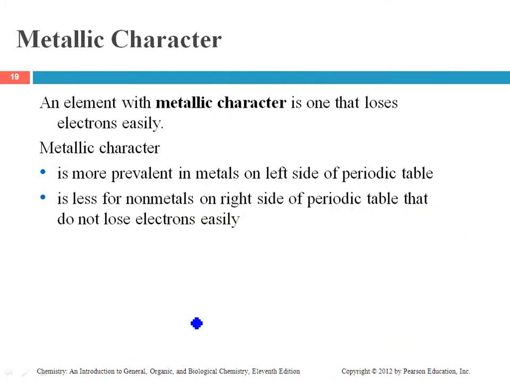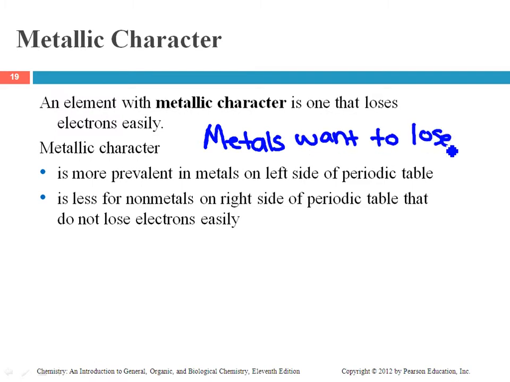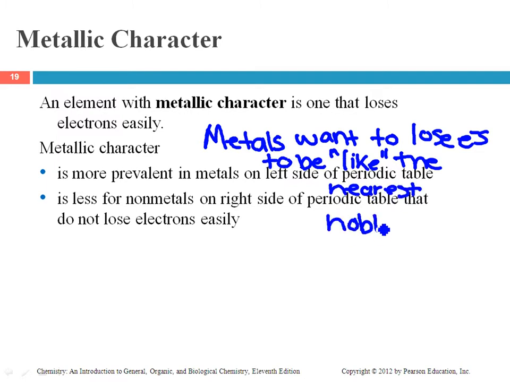An element with metallic character is one that loses electrons easily. So we just talked about this. So metals want to lose electrons to be like the nearest noble gas.